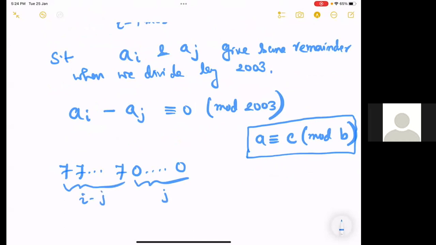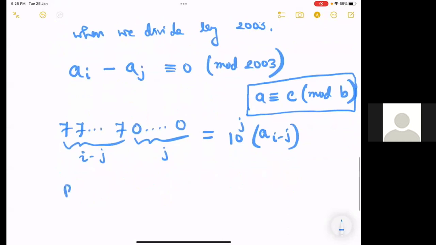So what is that number? This number is basically 10 power j times A_(i minus j). But notice that 10 and 2003 are relatively prime.